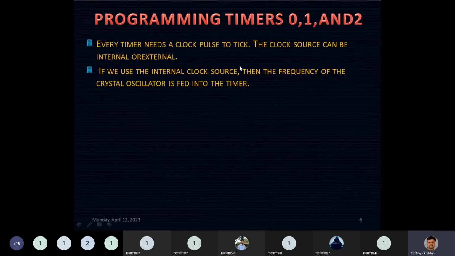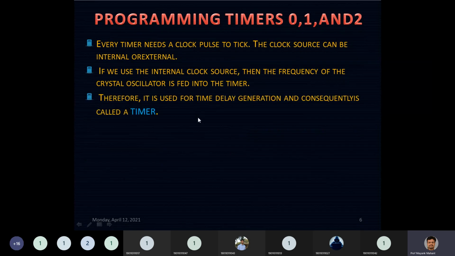So if you use the internal clock source, then the frequency of the crystal is fed into the timer, and therefore it is used for time delay generation, and consequently it is called a timer.